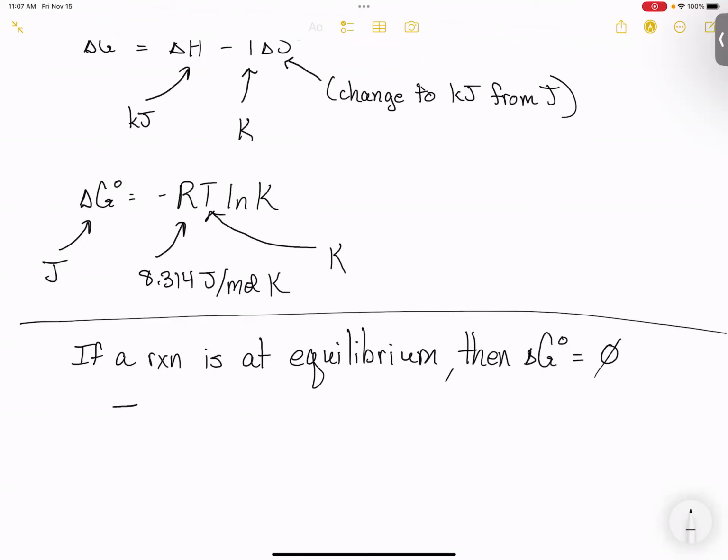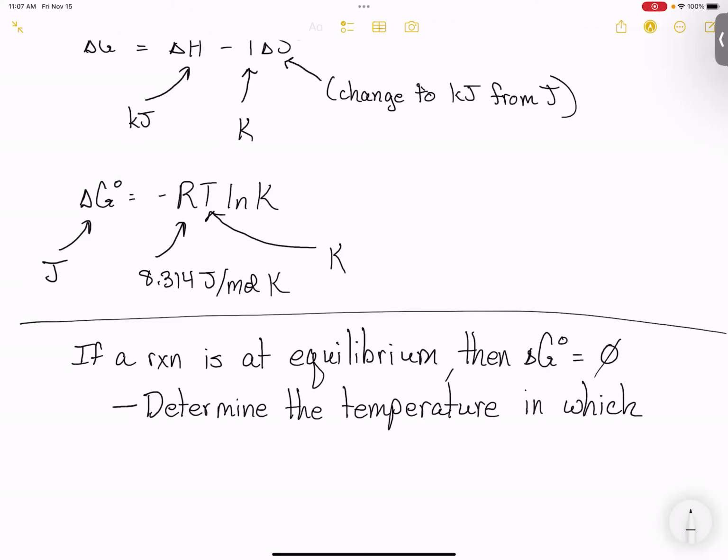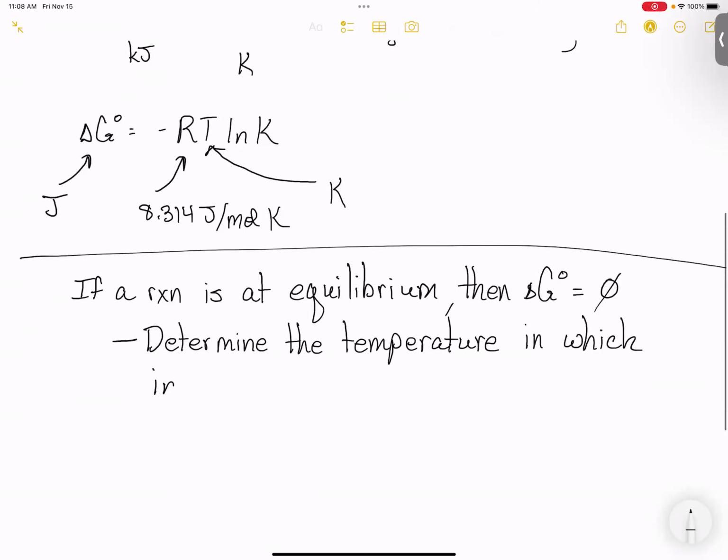Now, what this allows us to do is determine the temperature at which interconversion between spontaneous and non-spontaneous will occur.